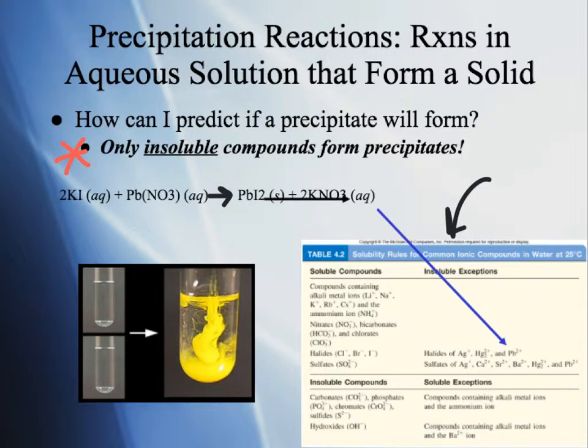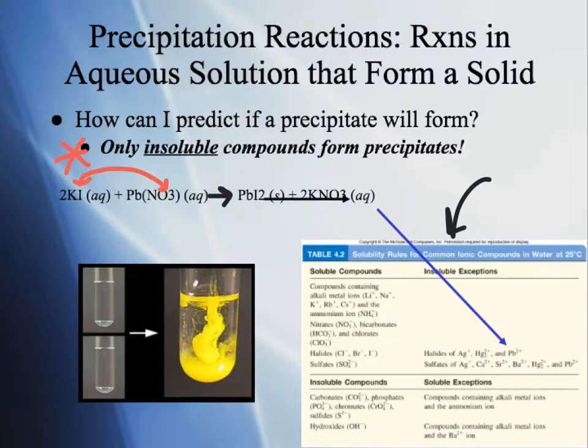Okay, so here is the reaction for what we just saw on the last slide: potassium iodide and lead nitrate. When that reaction takes place, this is going to be a double replacement reaction, meaning that they're going to basically trade partners.